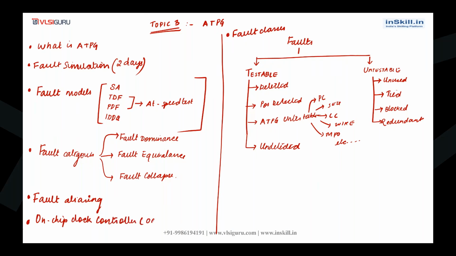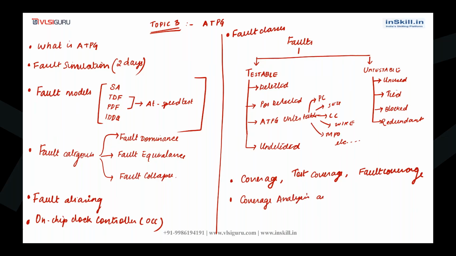And then we will try to understand coverage: what is test coverage, what is fault coverage. And then coverage analysis and improvement. What is coverage analysis, what is coverage improvement, all those things.